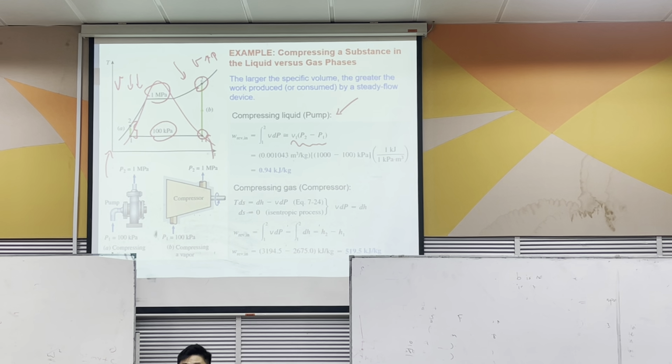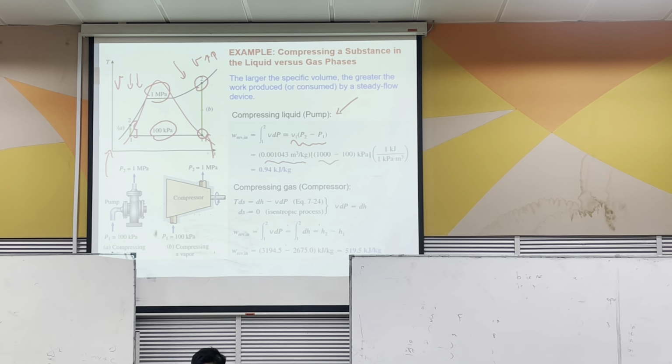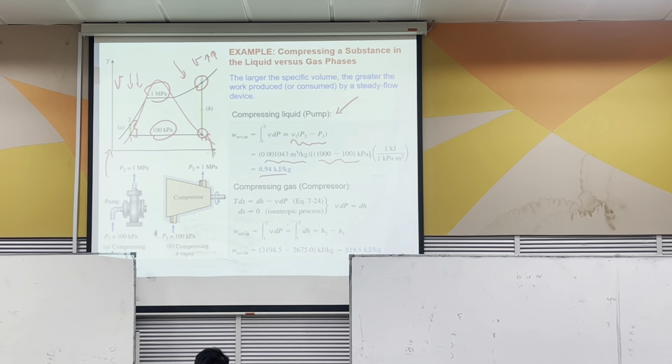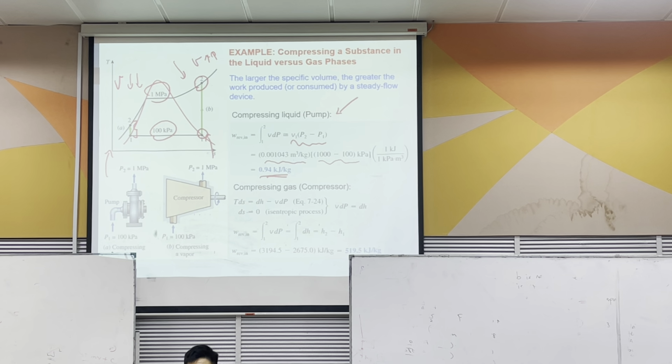Roughly, not exactly constant, but about that. So when we are dealing with a pump, we can approximate this to be V delta P. We use one V value, and then we look at the change in the pressure, and you can get the work done. This is based on the actual information that you can get from a table for water. I believe this specific volume 0.001043 is the specific volume for saturated liquid water.